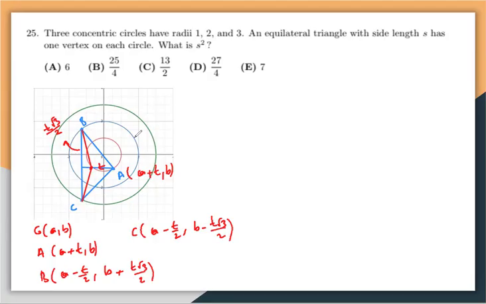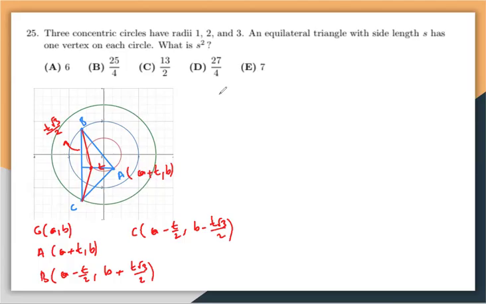The distance from the center to point A is 1, the distance from the center to B is 2, and maybe C is 3, because of the given numbers.